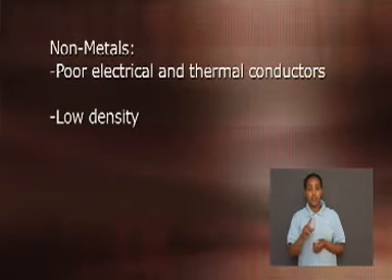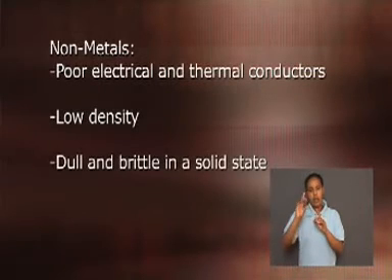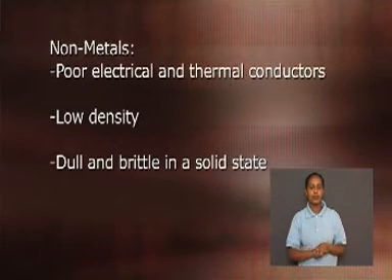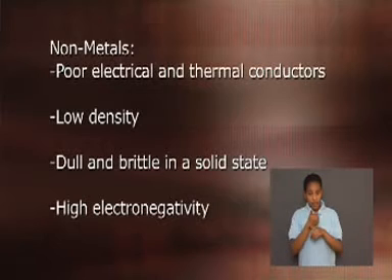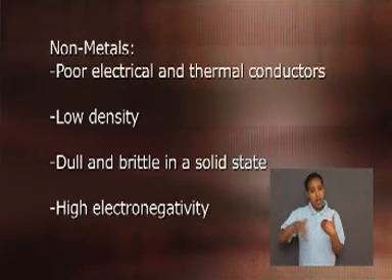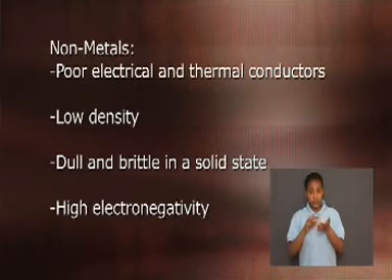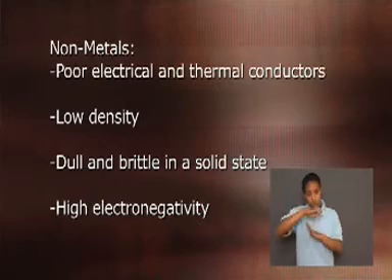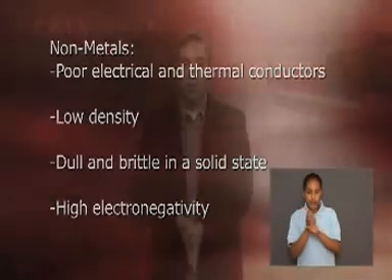They often have low densities and are dull and brittle when they are in a solid form. Non-metals have high electronegativity. This means they have the tendency to attract electrons and thus form negative ions.